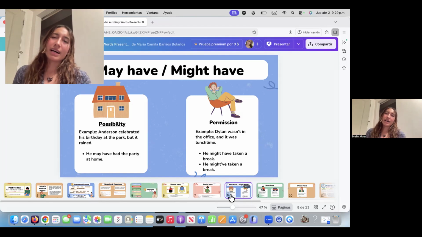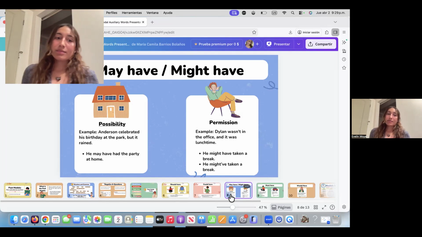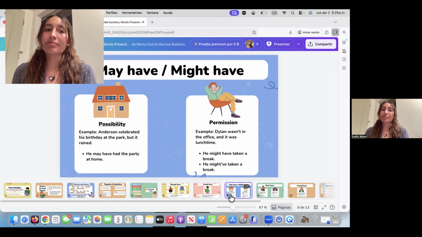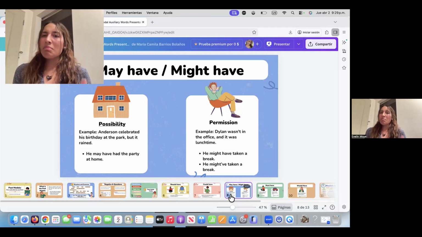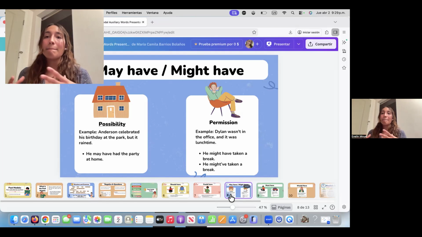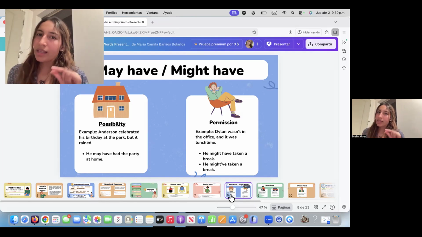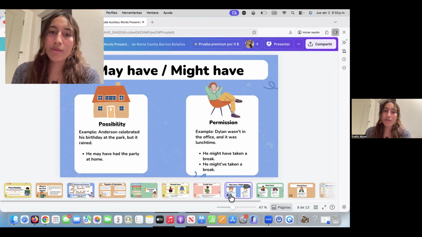So maybe may have is 7% likely to happen, and might have 4%, because if I say it may rain today, that means there's a high percent chance of rain today. But if I say it might rain today, there's a low percent chance that it rains today. So this is the difference between both of them.